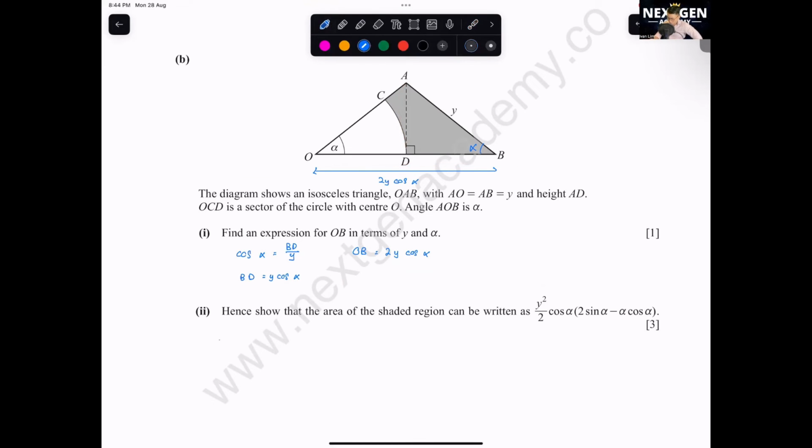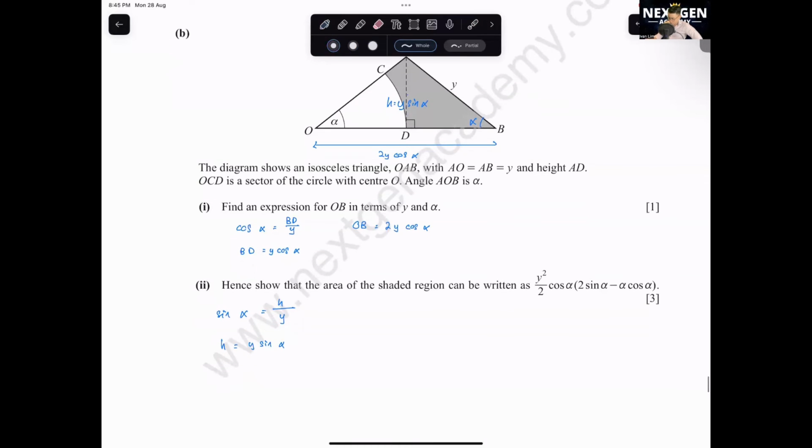Height is sine alpha equals to height over y. Not y cos alpha. Therefore height is AD. This one is my height, which is y sine alpha.